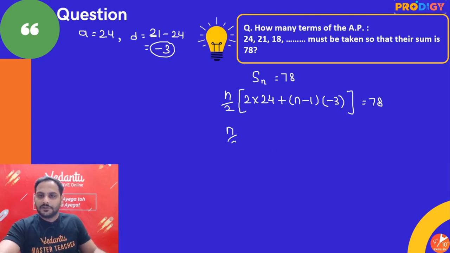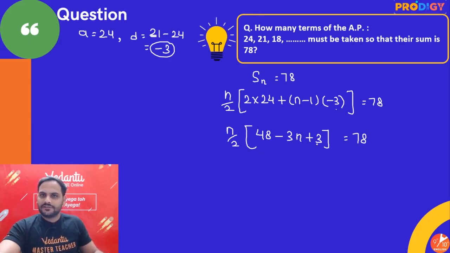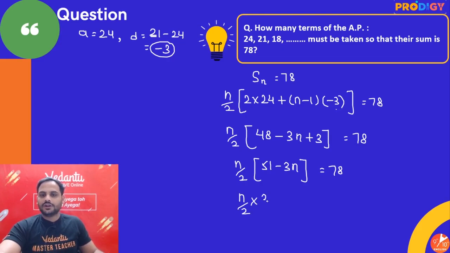So I can say n by 2 into 48 minus 3n, and minus 3 into minus 1 is plus 3, is equal to 78. 48 plus 3 is 51, right? 51 minus 3n, so n by 2 into 51 minus 3n is equal to 78. You can take 3 common. So n by 2 into 3 into 17 minus n is equal to 78.